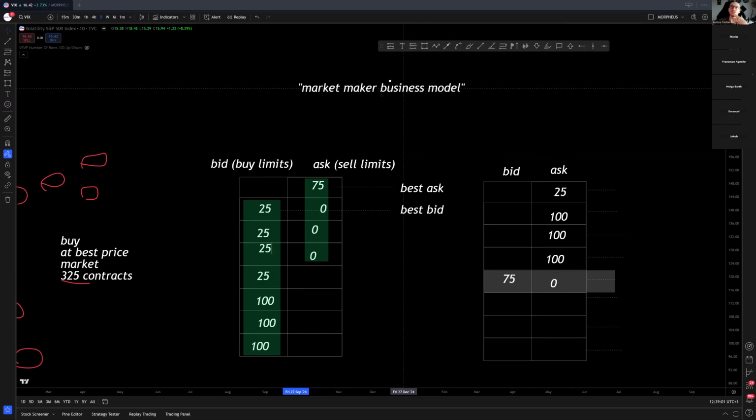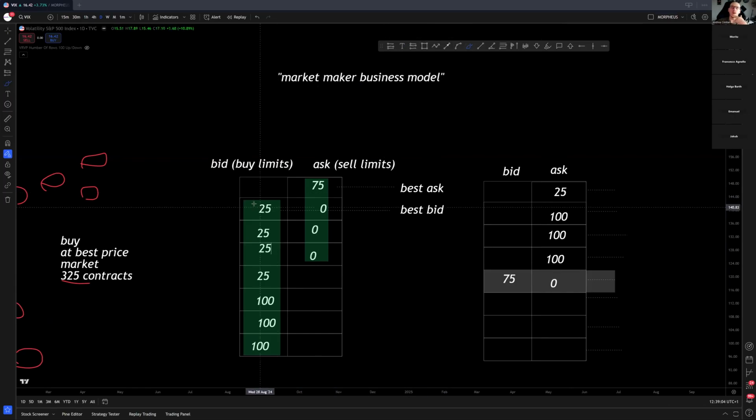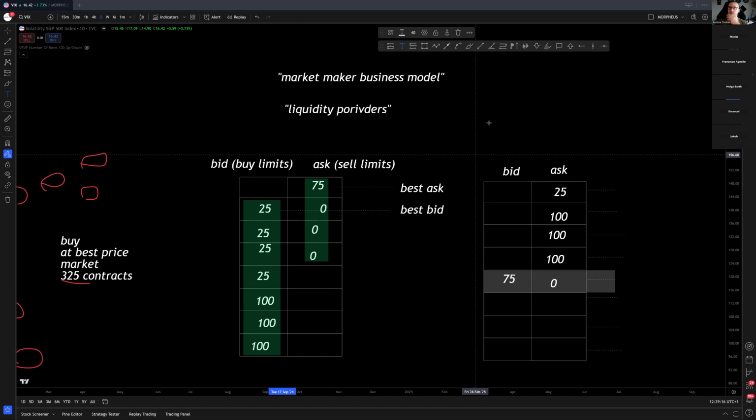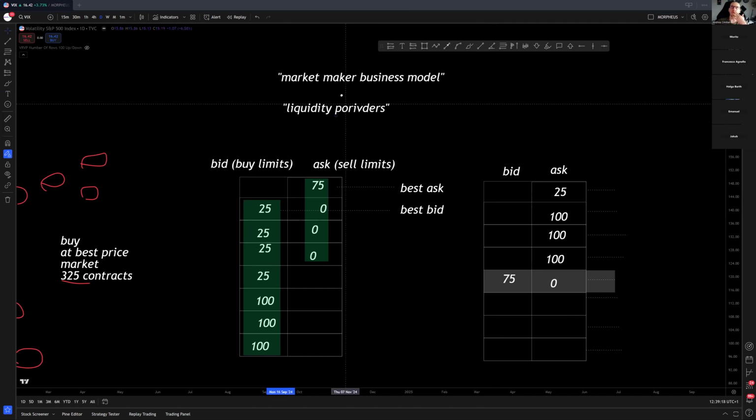The market makers are big institutions, big participants, which are acting as liquidity providers. Okay, so they provide liquidity to the market.